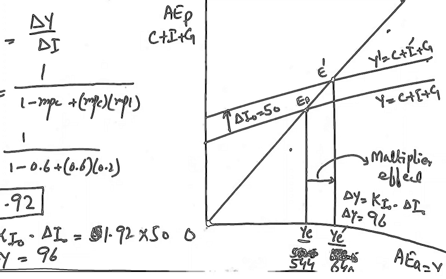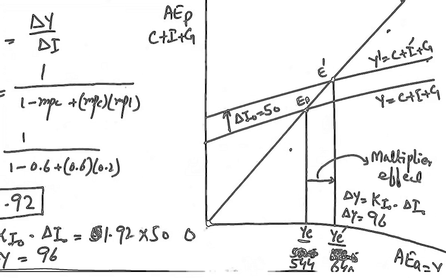This is termed the multiplier effect, where an increase in investment by 50 billion rupees has increased national income by 96 billion rupees, and we have shown it by graph as well.